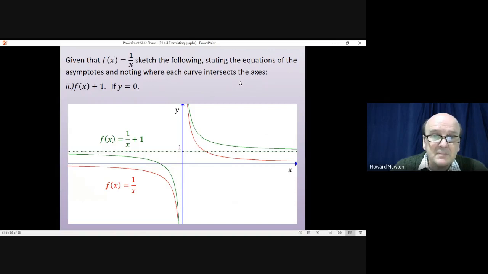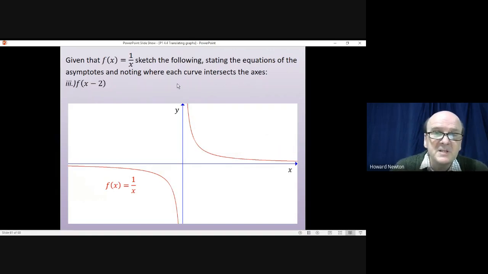Well, if f of x plus 1 equals 0, that means y equals 0. That's the function. F of x plus 1 is 1 over x plus 1, which has to equal 0. That means 1 over x equals minus 1, and that gives us the solution x is equal to minus 1. So this crossing point here on the x-axis will be at x equals minus 1.